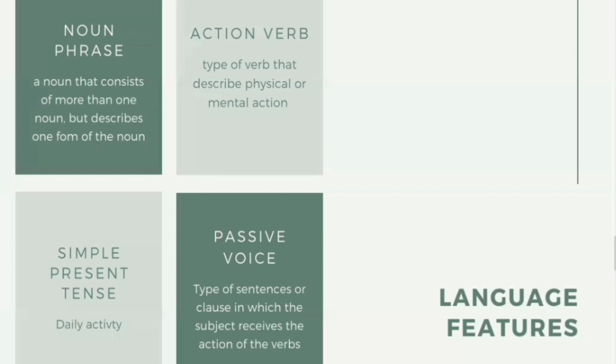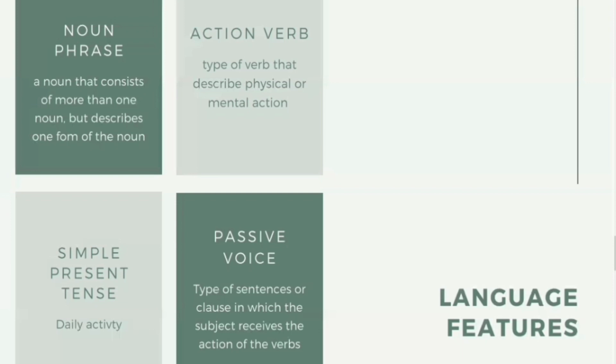In the sentence I write the story, I is the subject and the story is the object. We move the story to be the subject and I the object. So I write the story becomes the story is written by me. That is the passive voice.